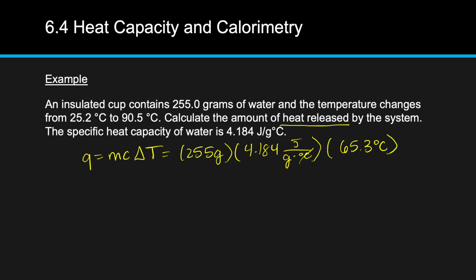You can see our degrees Celsius is gone and our grams is gone, so we're left with joules. And when we solve for that, we end up getting 69,700 joules, which is also equal to 69.7 kilojoules. And AP Chemistry would have accepted either of those answers.